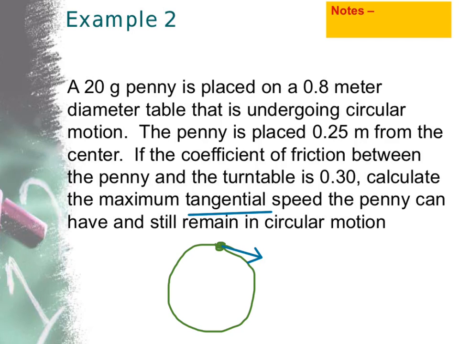So, even though in the problem it's called tangential speed, we've been calling it linear speed. So, it's basically asking us to find the linear speed of this penny, or actually the maximum linear speed of this penny. All right.